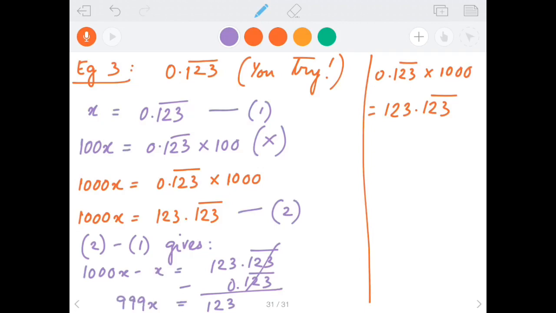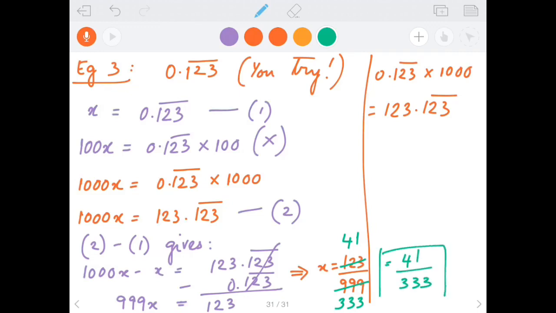So my answer is going to be x equal to 123 divided by 999. And mind you, these are two numbers that can be divisible by 3. So that's exactly what I'm going to do. So I'm going to cancel both by 3, and I'm going to get 41 divided by 333. And that is going to be my final answer. There you go, 41 by 333, and I'm going to put that in a box.